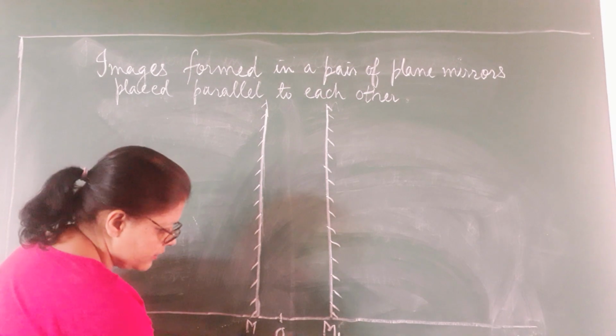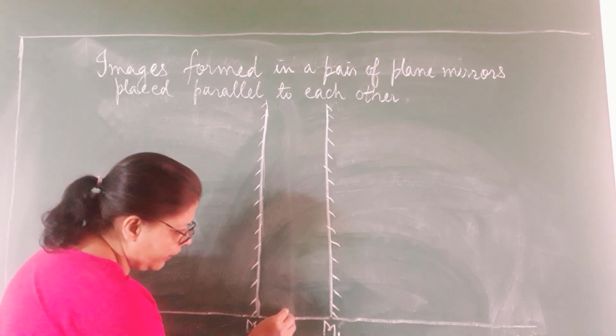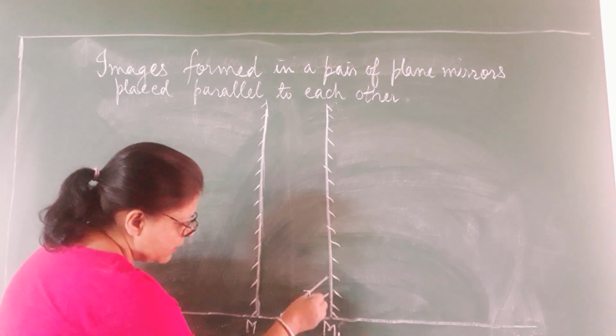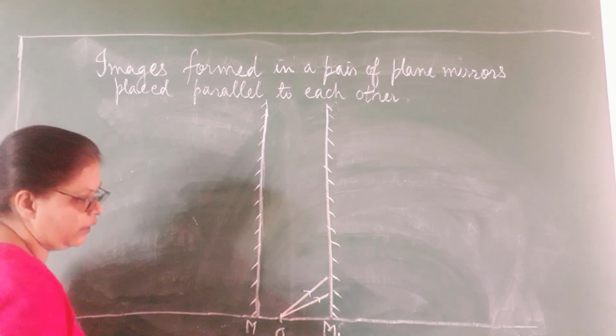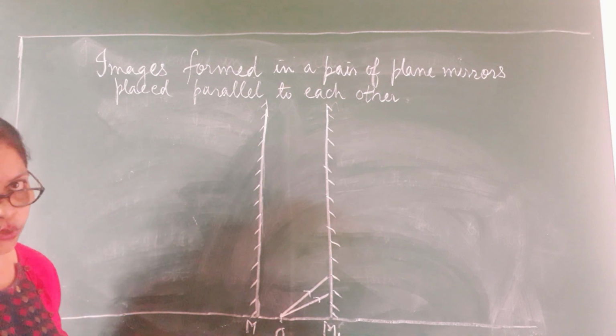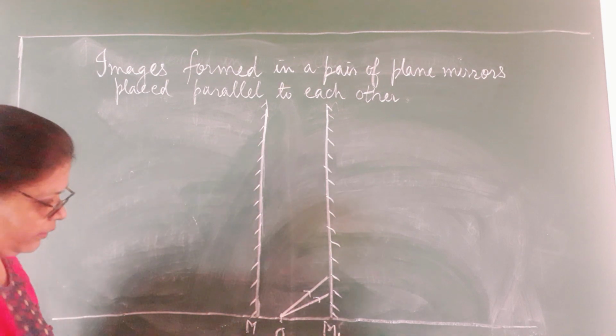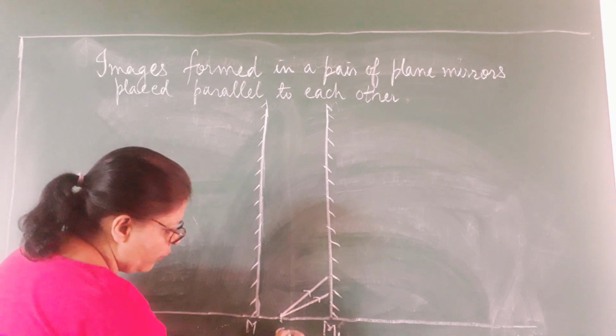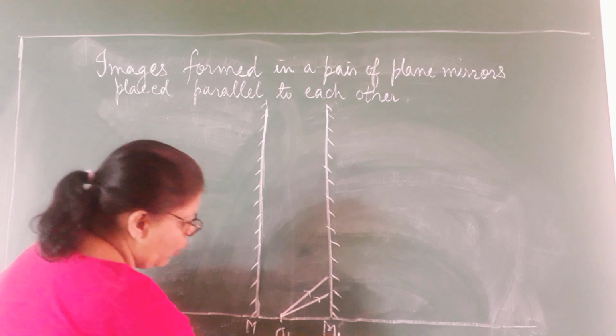Now children, this is our object. I will take two rays. See children, I am taking two slanting rays starting from this particular object on the mirror M1. Okay, on the mirror M1. Now I will measure this distance children. I am going to measure this distance OM1.